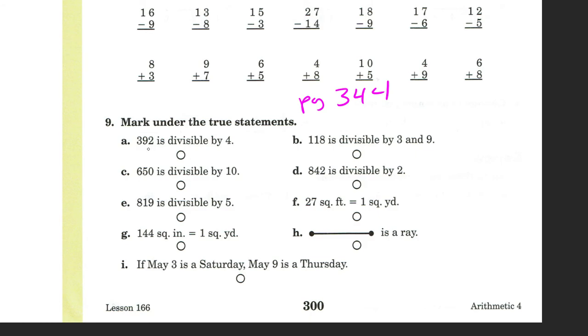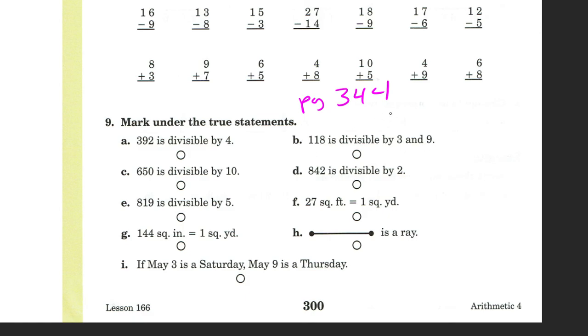Okay, and the divisibility rule for 3 and 9: for 3, it is if the sum of the digits is divisible by 3, and for 9 it is if the sum of the digits is divisible by 9.